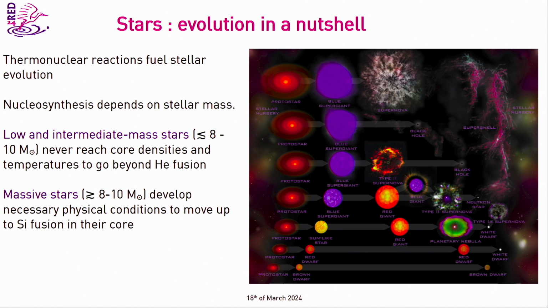It fuses helium, and at some point it runs out of helium, but it's not massive enough to go beyond, and so there are lots of winds expelling the envelope of the star. So you form a beautiful planetary nebula, and you are left with a white dwarf.